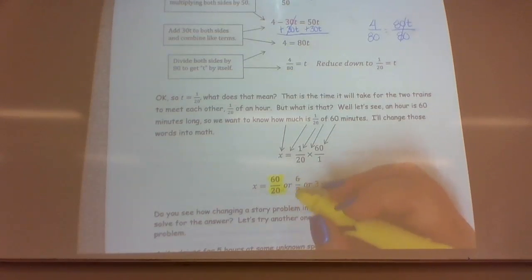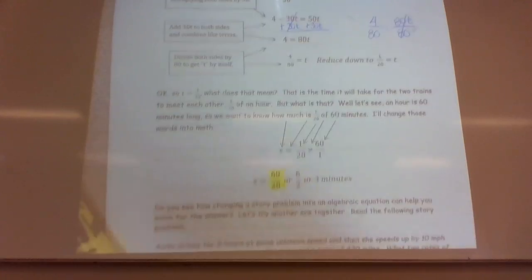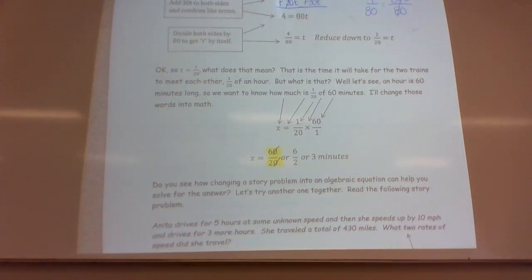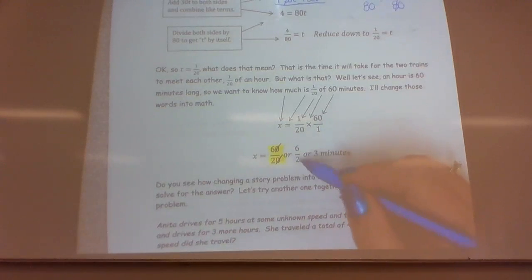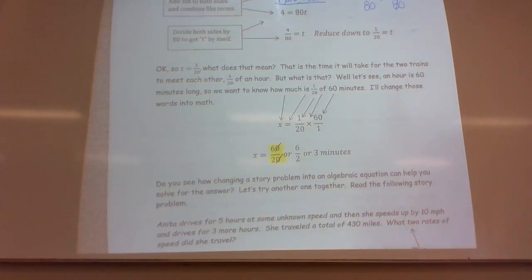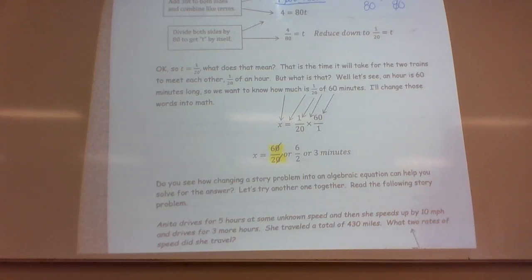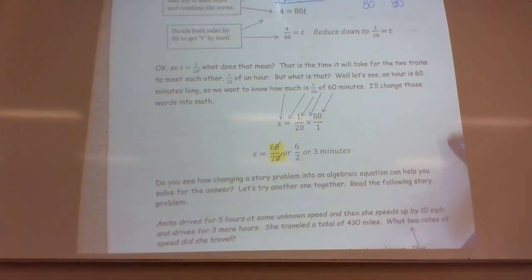Or 6 over 2, because we know from our previous lessons that we can get rid of those zeros, and then we do a simple division problem. If you divide 6 by 2, you get 3. And so it takes 3 minutes for them to get to where they need to be.